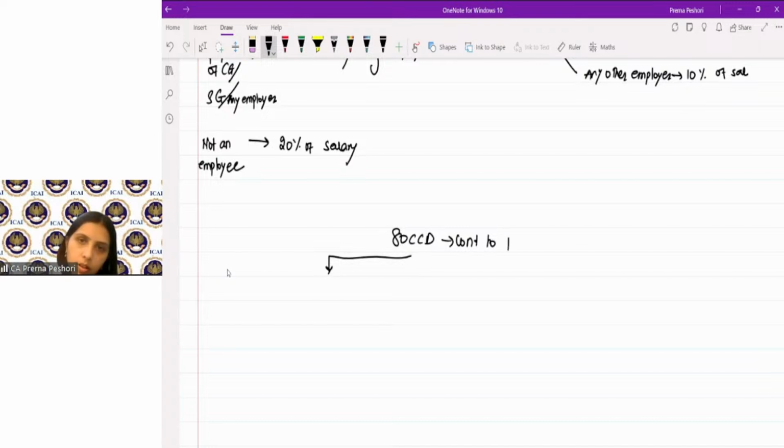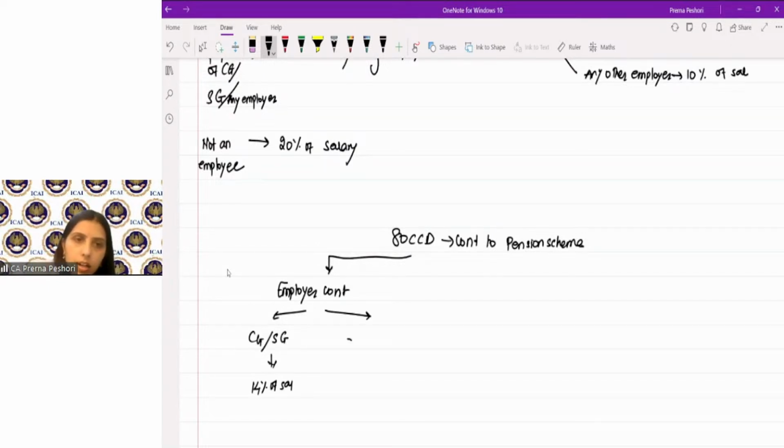Contribution to pension scheme, employer contribution: central government or state government, 14% of salary, other 10%.